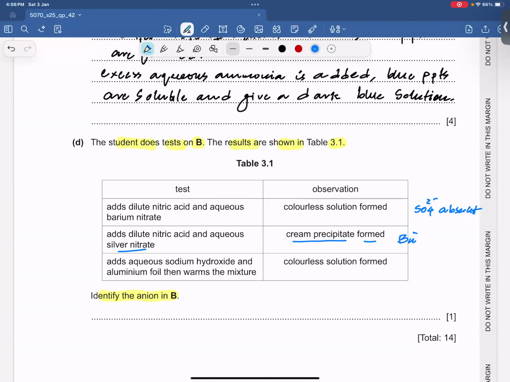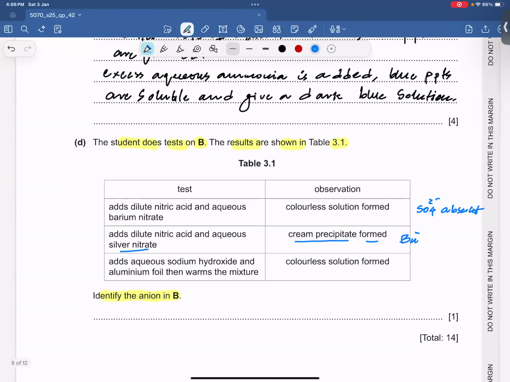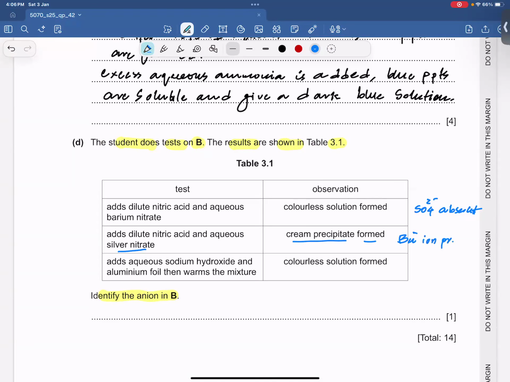Chloride gives white and iodide gives yellow. Okay. When we add sodium hydroxide and aluminum foil and warm the mixture, a colorless solution indicates nitrate ion absent. So the anion in B is obviously bromide ions.